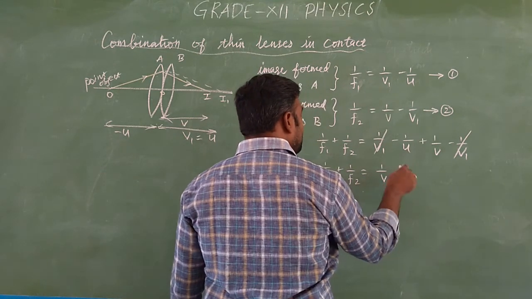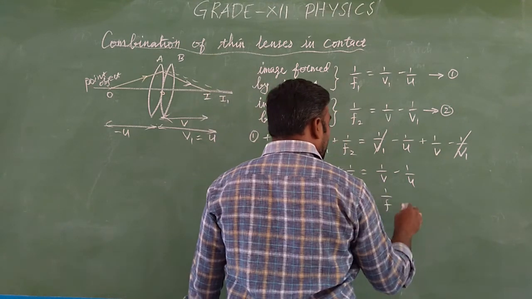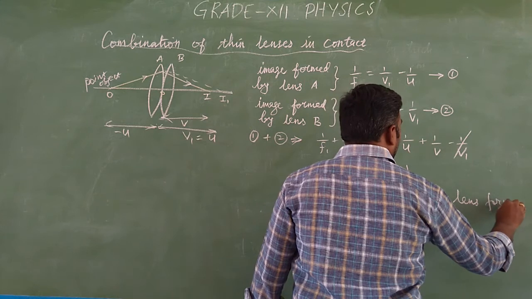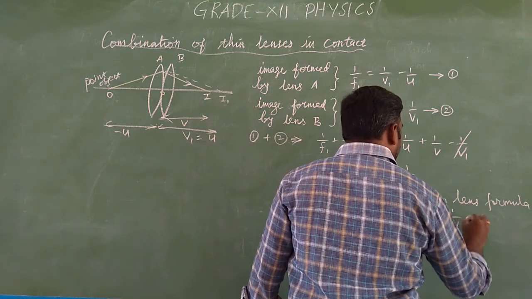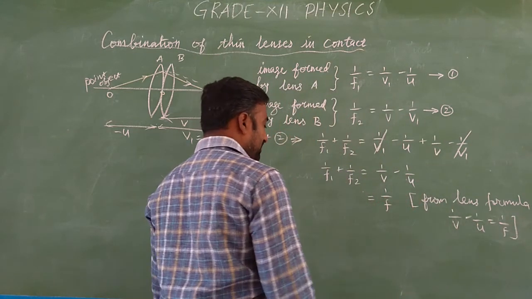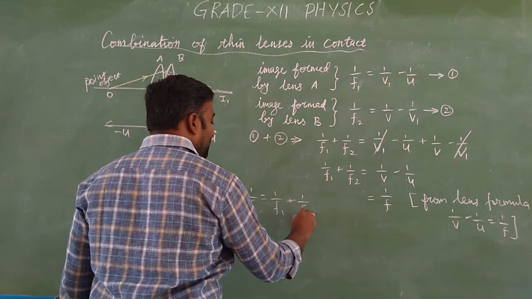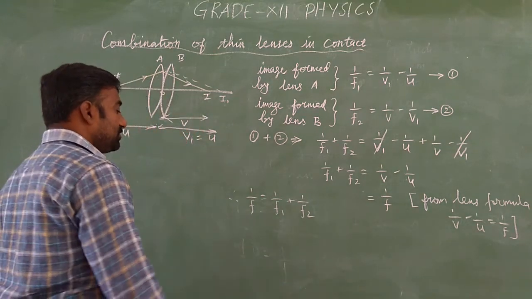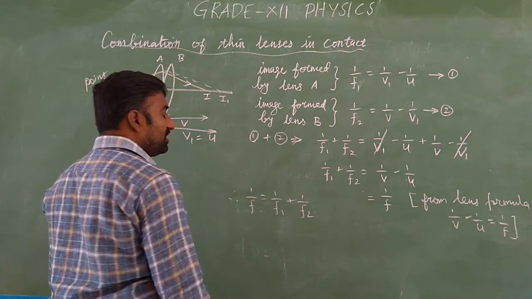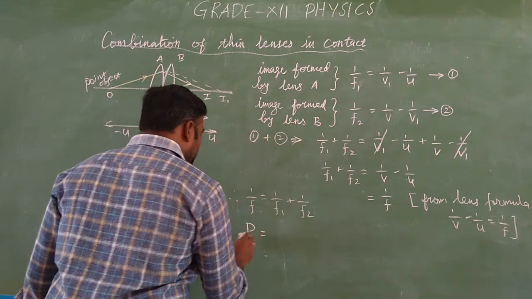From the lens formula, 1 by v minus 1 by u is equal to 1 by f. Therefore 1 by f is equal to 1 by f1 plus 1 by f2. So the reciprocal of focal length is equal to the sum of the reciprocals of the focal lengths of the lenses in contact. The reciprocal of focal length is called power. This is the net power.